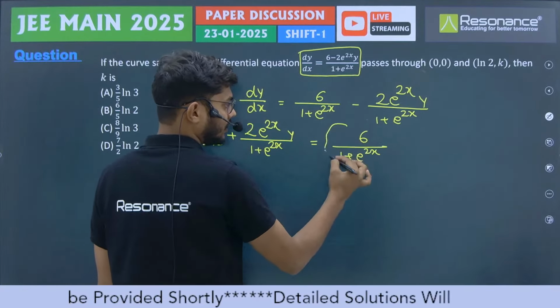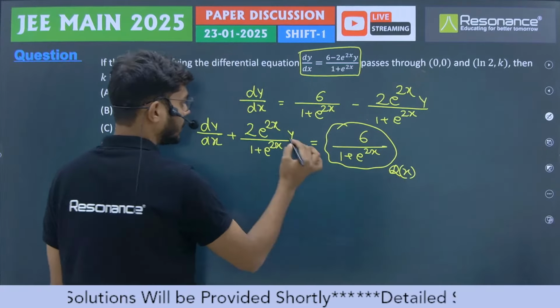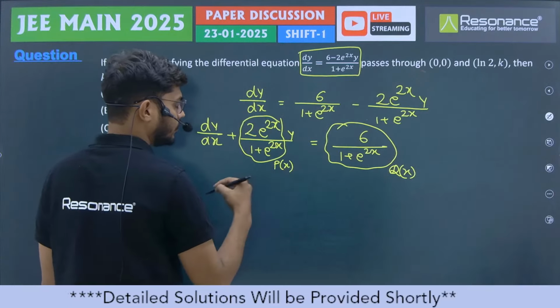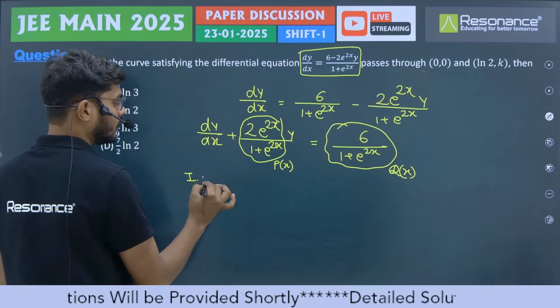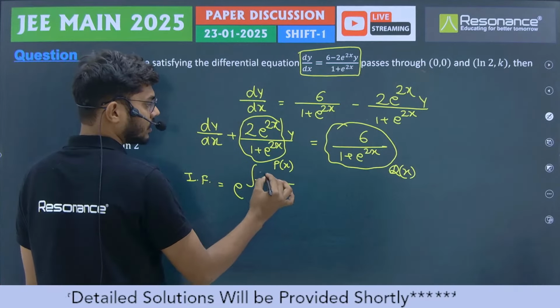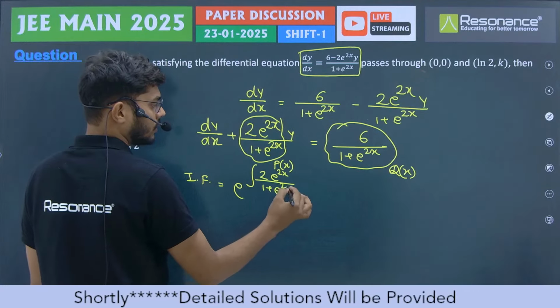I can say this term is going to be q of x, and that term is going to be p of x. I can find the integrating factor, which is nothing but e to power of integral of p of x dx, right? 2 e to power of 2x upon 1 plus e to power of 2x dx.